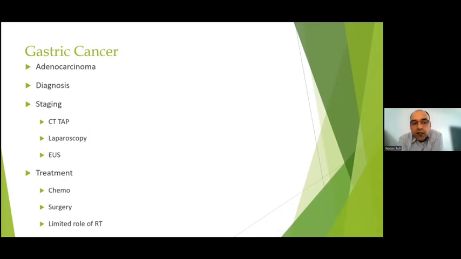So a distal gastrectomy would involve a Roux-en-Y gastrojejunostomy reconstruction, and if a total gastrectomy is performed, it would involve an esophagojejunostomy with a Roux-en-Y configuration. The role of radiotherapy in gastric cancer is quite limited.